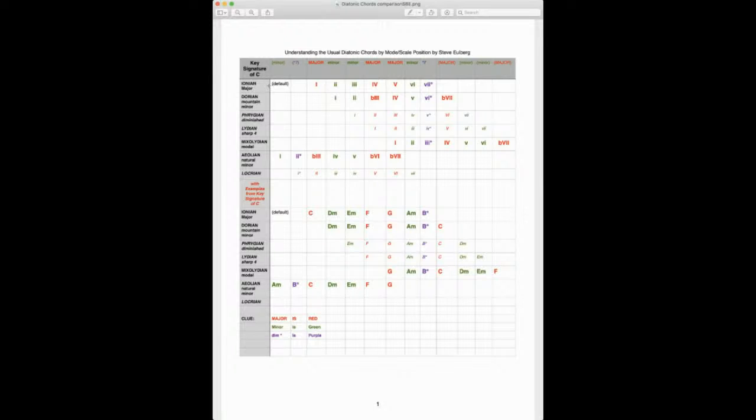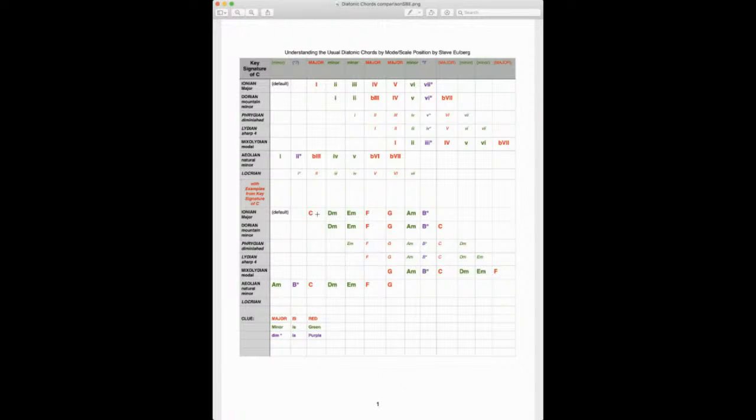So a mode is a scale: do, re, mi, fa, sol, la, ti, do, ti, la, sol, fa, mi, re, do. That's the Ionian mode, which is also the major scale. And if I look at the chords that I can build using only the notes of this C scale, the first chord, I'm going to use this example of C here.